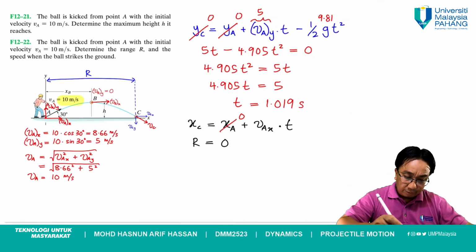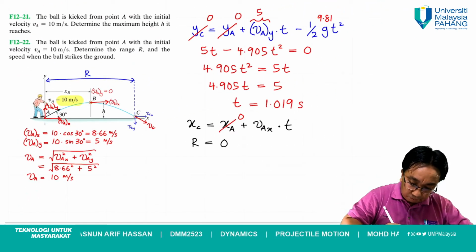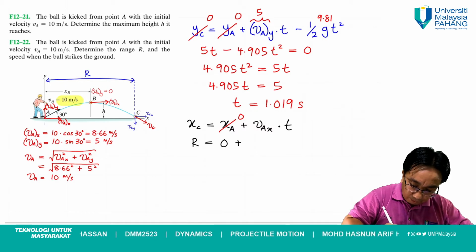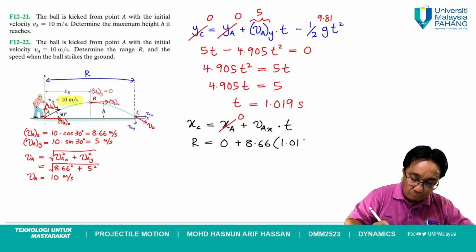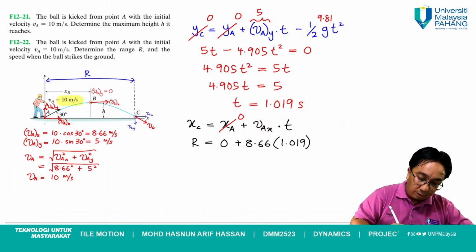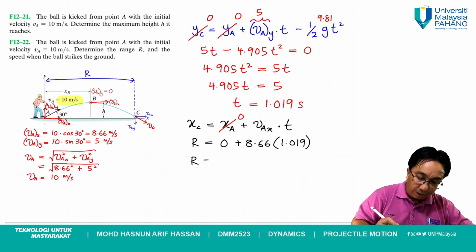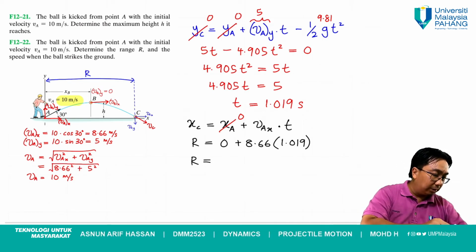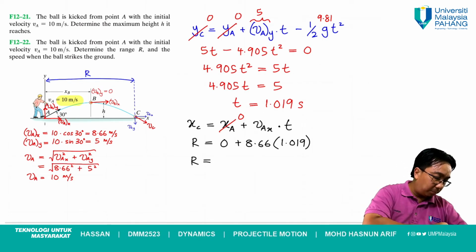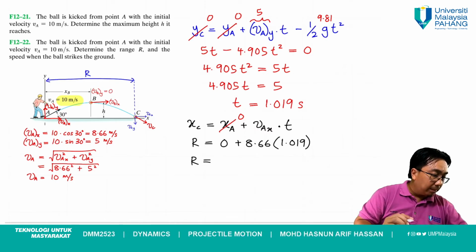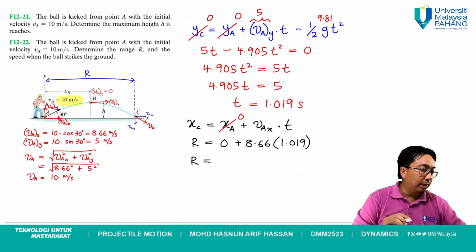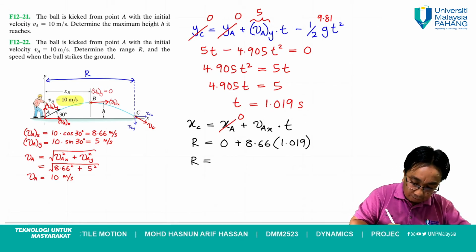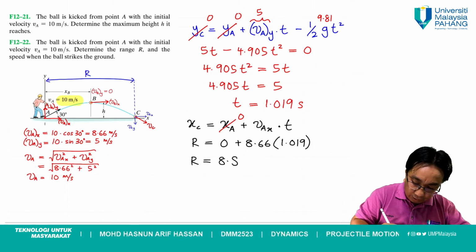Okay, so sini akan jadi plus 8.66 meter per second multiply with 1.019. So daripada sini kita boleh dapat value of R which is equal to 8.83 meter.